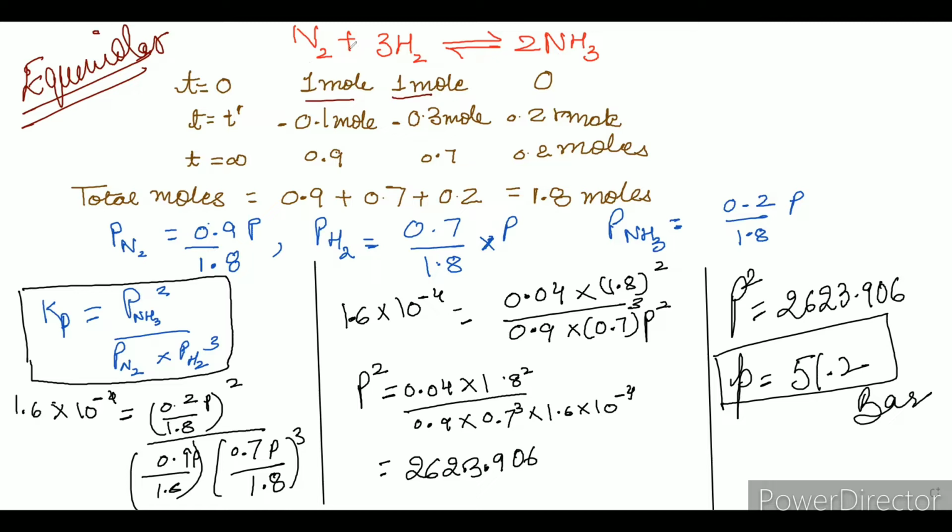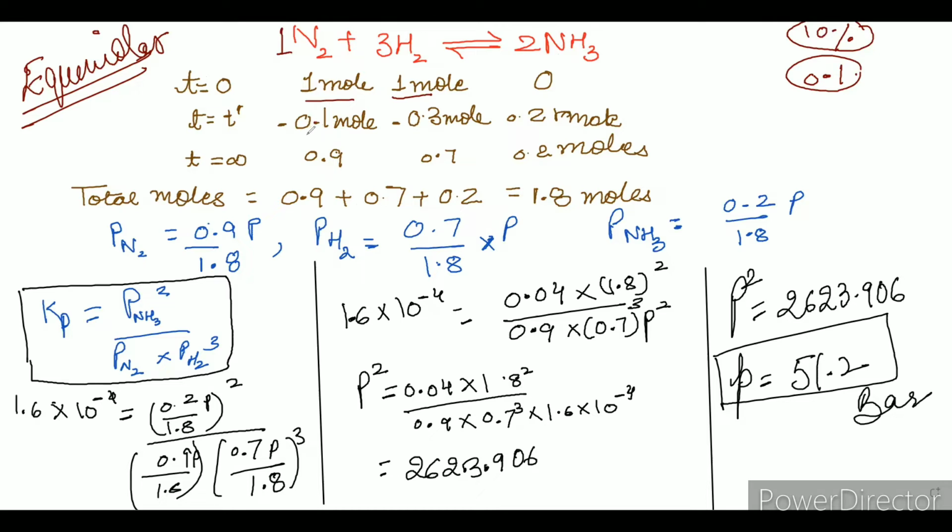Now, after some time T dash, we have to find out after 10% change. 10% is what? 0.1, right? So the reactant nitrogen is reduced by 0.1 mole. If our nitrogen is 1, then our hydrogen is 3.